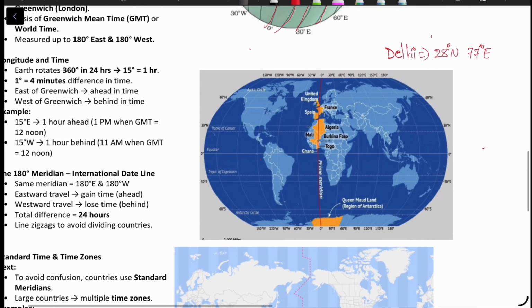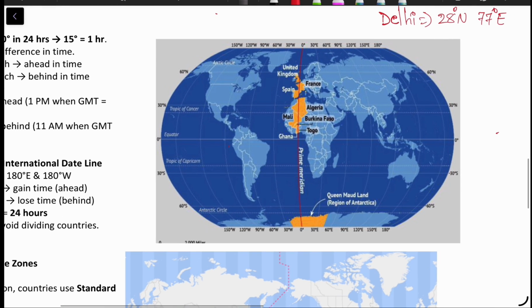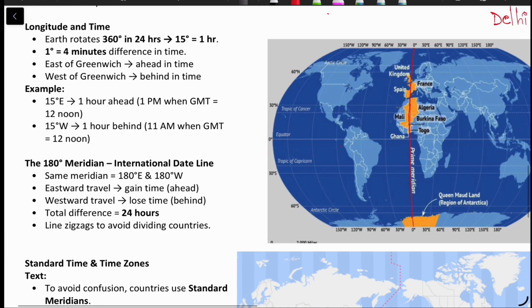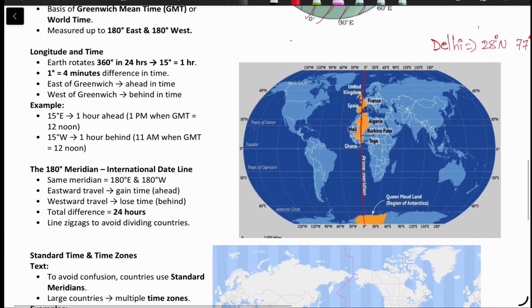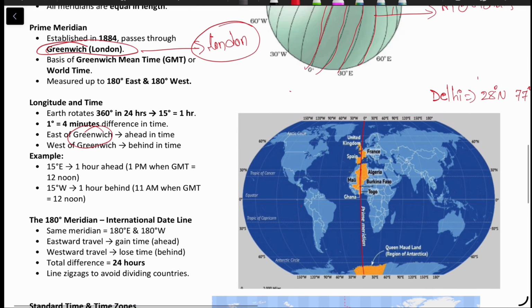When we take the globe like this, the 0 degrees meridian passes through the Greenwich area, London. Scientists call this the Greenwich meridian or the prime meridian.